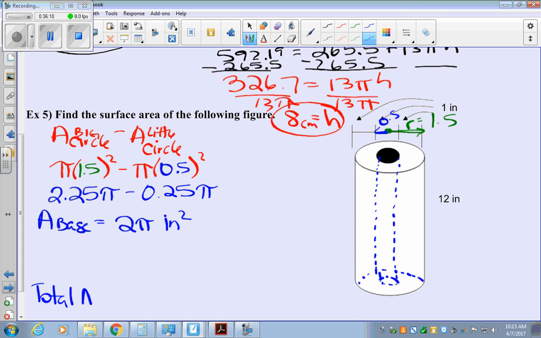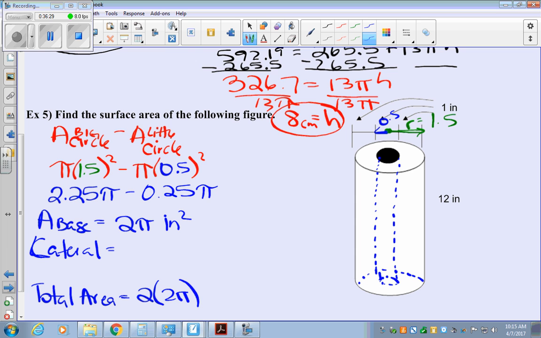So let's do a total area calculation down here. 2 times 2 pi takes care of the two bases. Let's do the lateral area, the huggy area. Remember, that's just a rectangle.